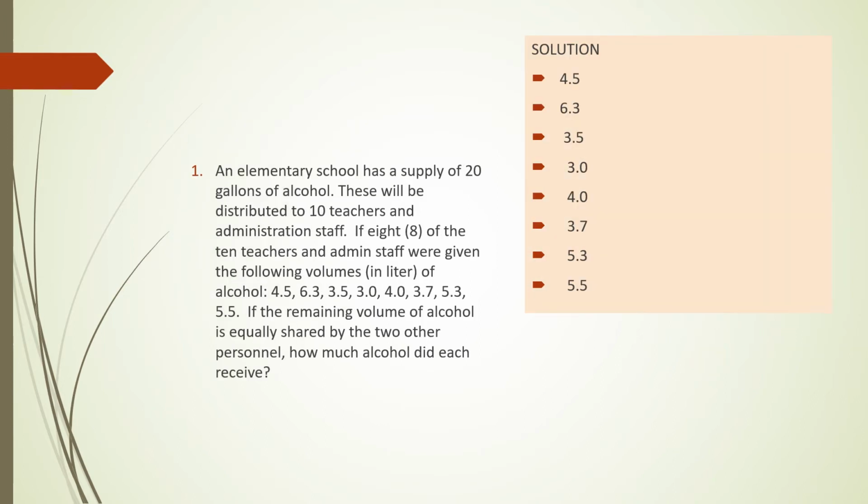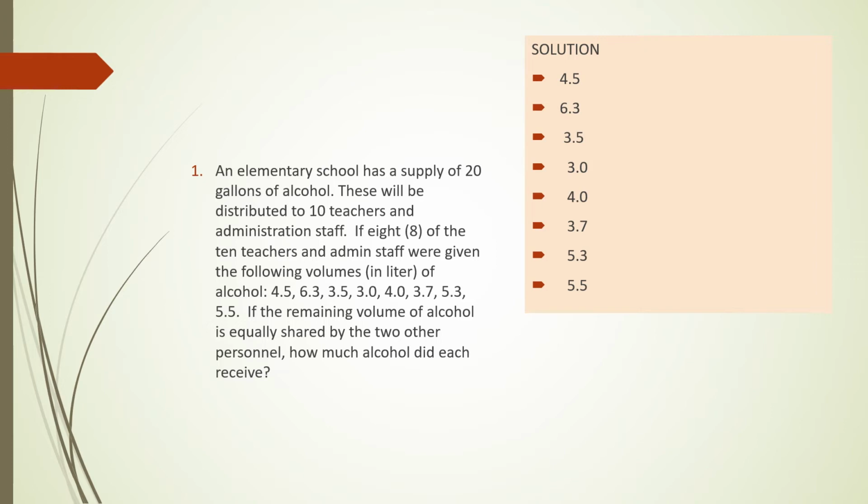For this problem, we will have to be careful because we're given a supply of 20 gallons of alcohol, which will have to be distributed to 10 individuals, consisting of teachers and administration staff. Of the 10, 8 teachers and admin staff have been given in liters of alcohol, the given volumes.